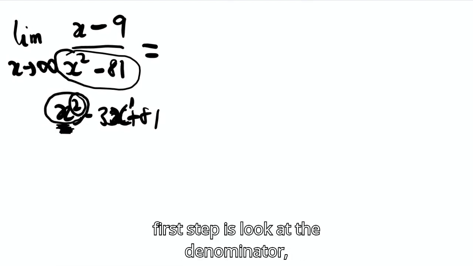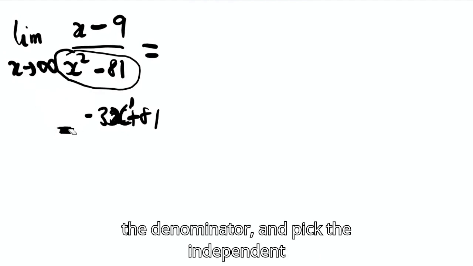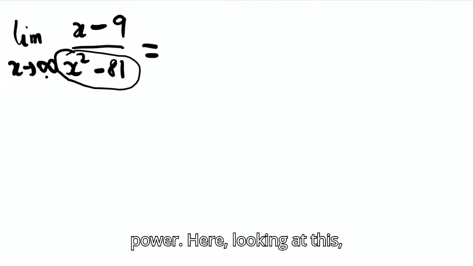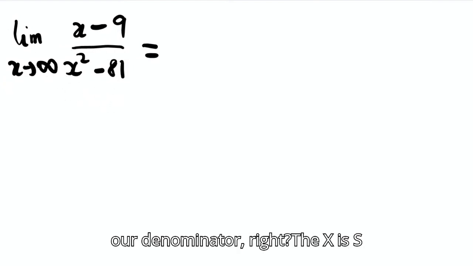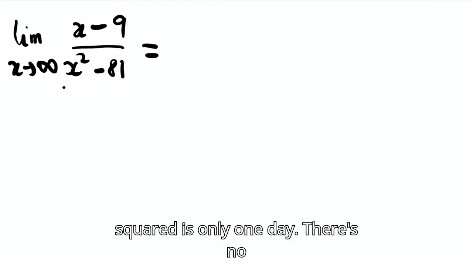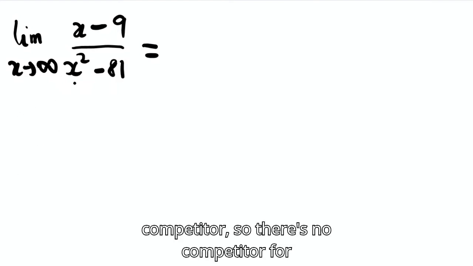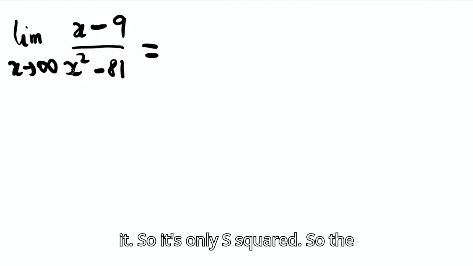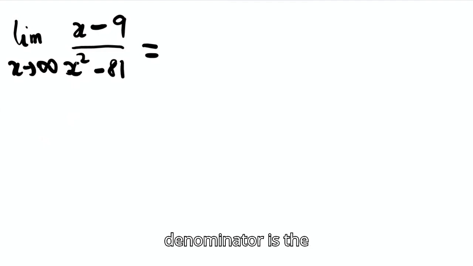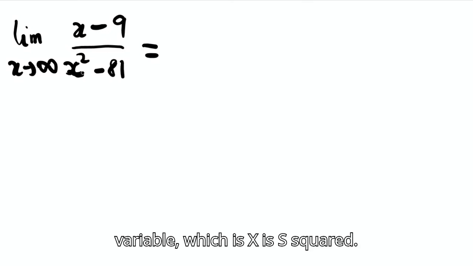Remember, the first step is to focus on the denominator and pick the independent variable having the greatest power. Here, looking at our denominator, the x squared is the only one there. There's no competitor for it. So the greatest power of the independent variable, which is x, is x squared.